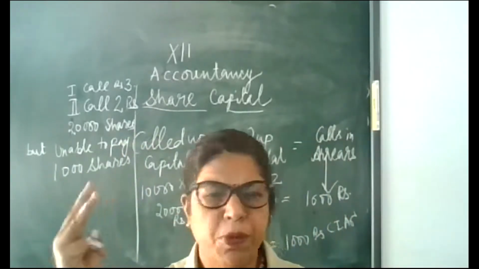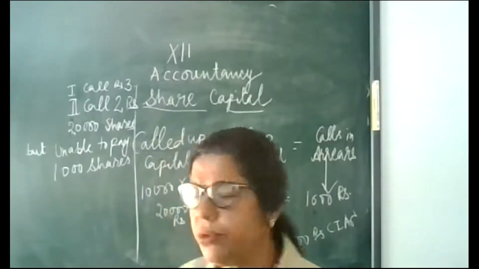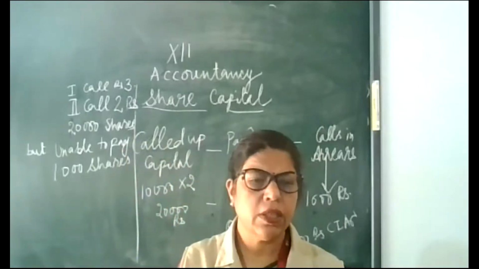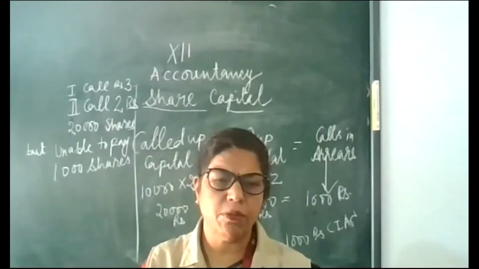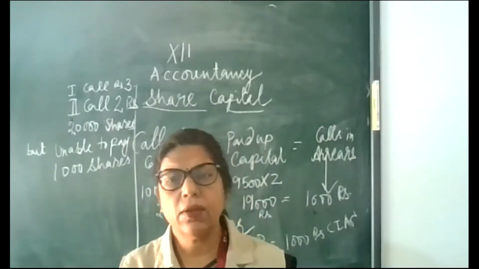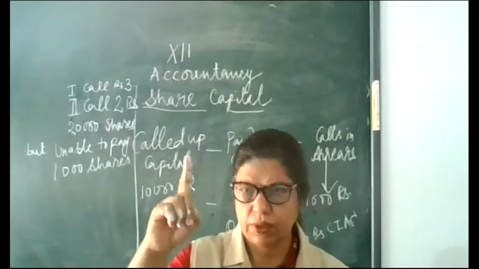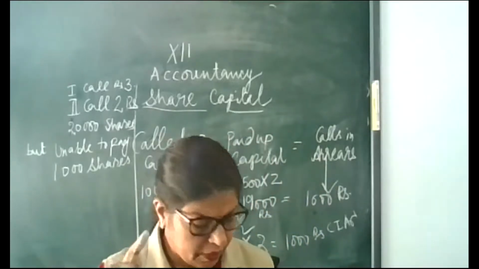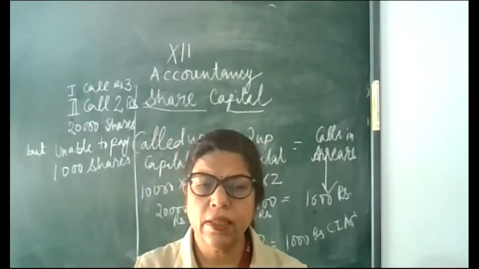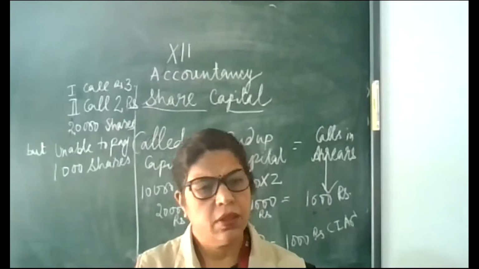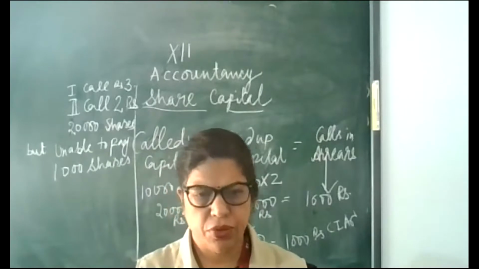Company is due first call of rupees 3, second call of rupees 2 on 20,000 shares, but 1,000 shareholders are unable to pay. Calculate the arrears amount.